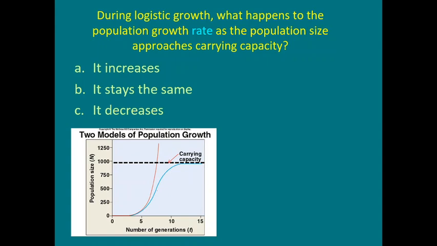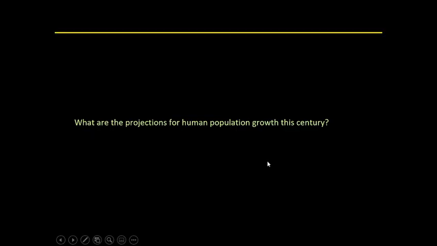That puts a limit on how many offspring women can have, because of limits on resource availability, food, and so forth. So the correct answer is that growth rate decreases as the population approaches the carrying capacity. All right, moving on here.